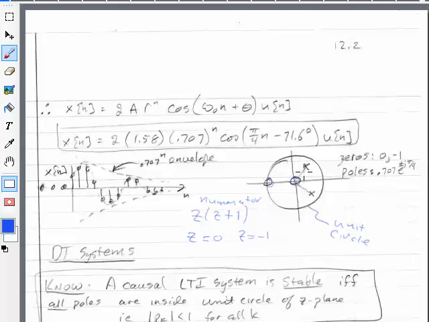So there are the two poles with a magnitude of 0.707. It doesn't quite go out to the unit circle, which has a radius of 1, and it has an angle of pi over 4. So that's that angle, 45 degrees. And this is plus or minus, so we have another one over here. And that completes that homework example.